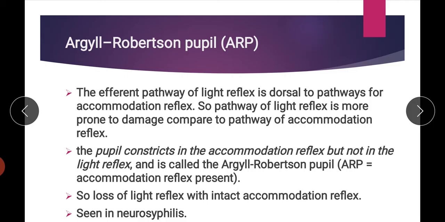Now if you compare both this accommodation reflex and the light reflex, in both of them the efferent pathway is almost the same, coming from Edinger-Westphal nucleus to the ciliary ganglion to the eye muscles. Okay, so this efferent pathway of light reflex is actually running dorsal to the pathway of accommodation.